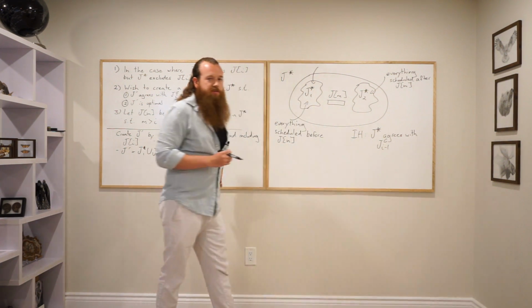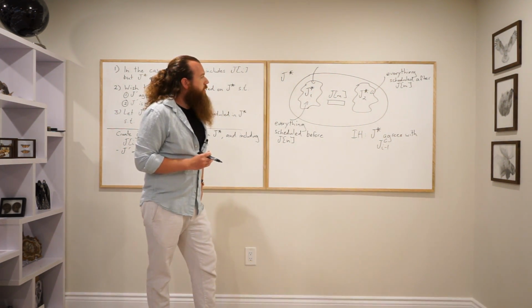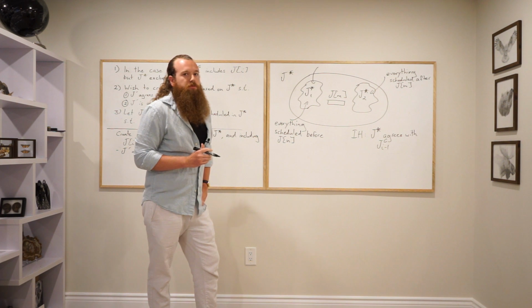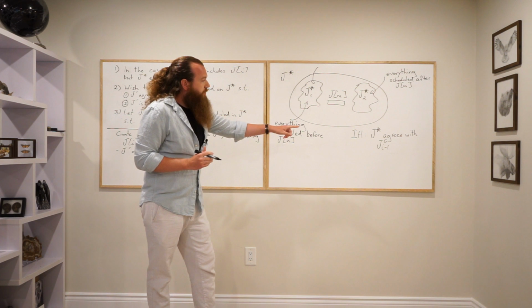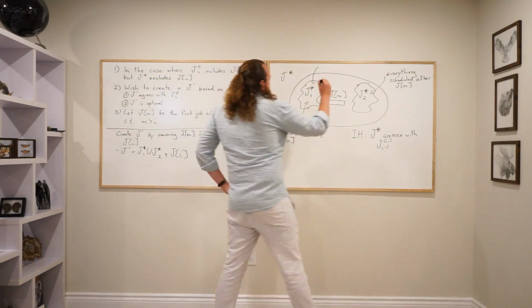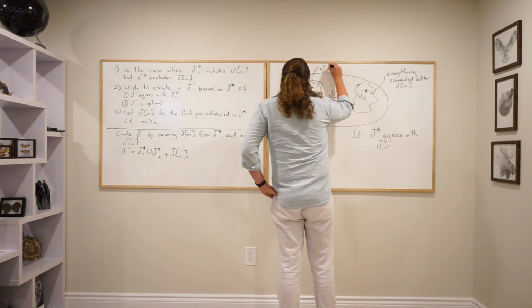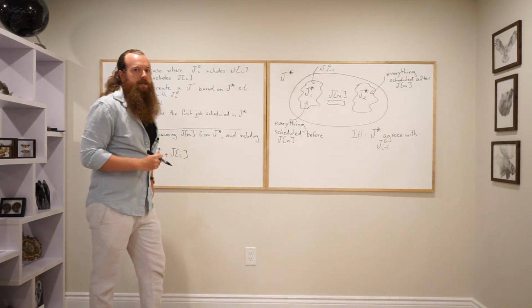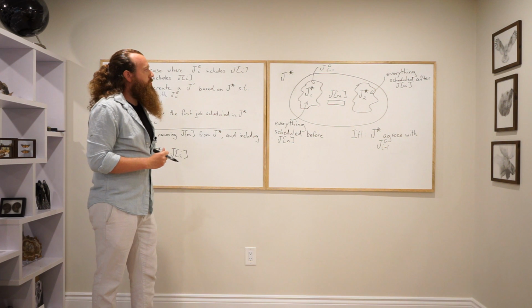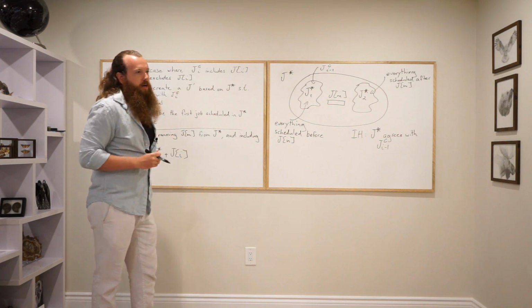This is the set of everything scheduled before Jm, or in essence, everything scheduled before Ji in J star. Well, if it agrees with the greedy solution, this by definition is Jg I minus 1. It's the set of jobs that the greedy algorithm scheduled before Ji.